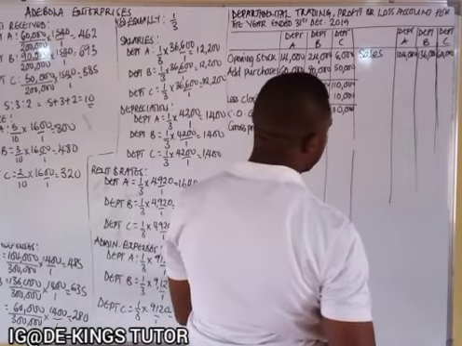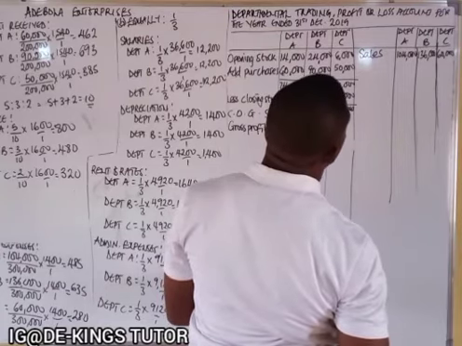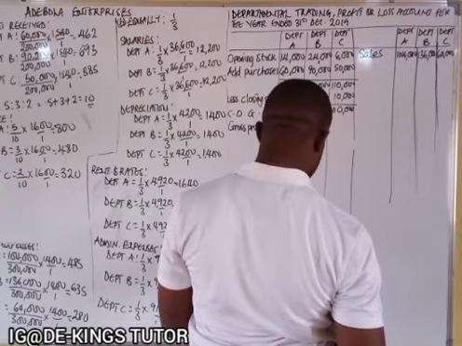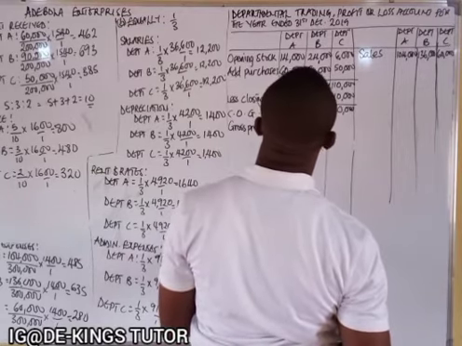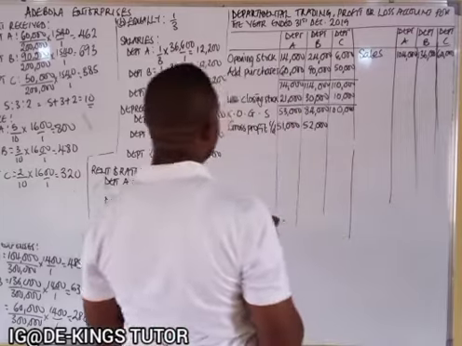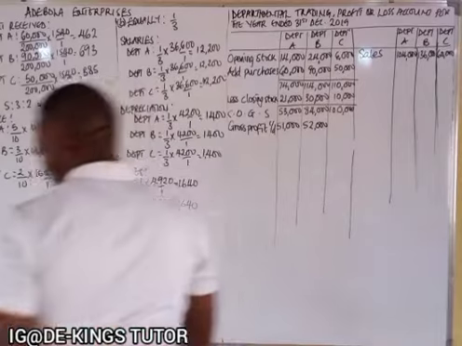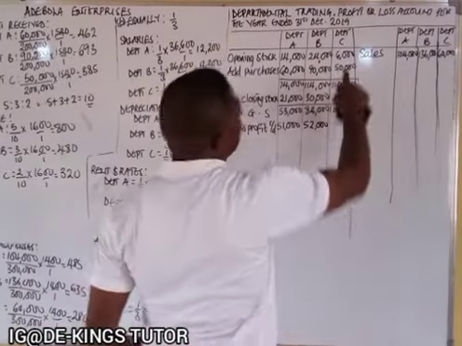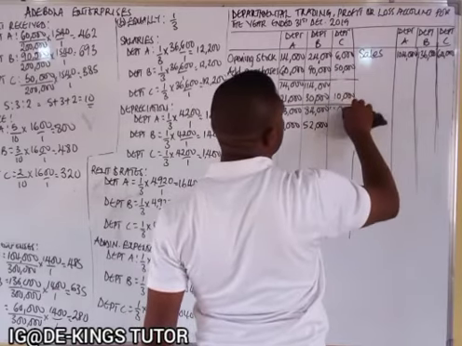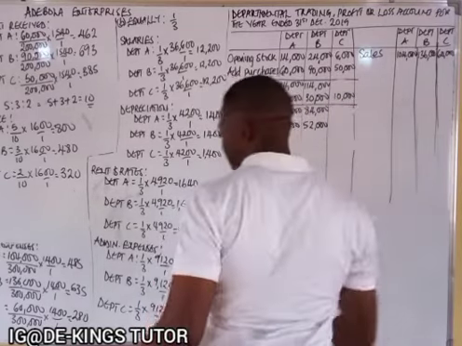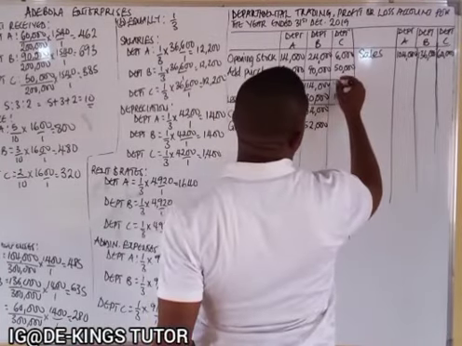Okay, the next one, 136,000 minus 84,000 will give us 52,000. While the next one is department C, which has sales of 60,000, and we have our cost of goods sold. This is supposed to be 56,000, not 110,000. It is 6,000 plus 50,000, that's 56,000.